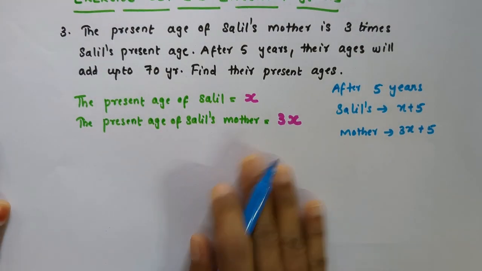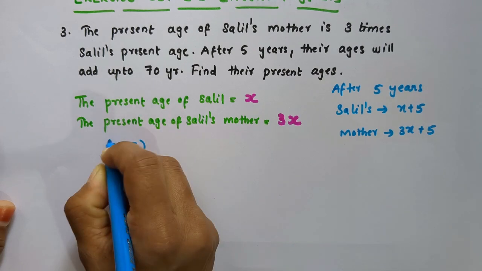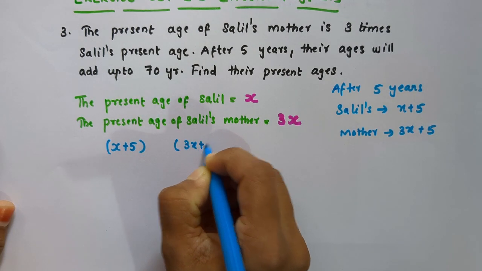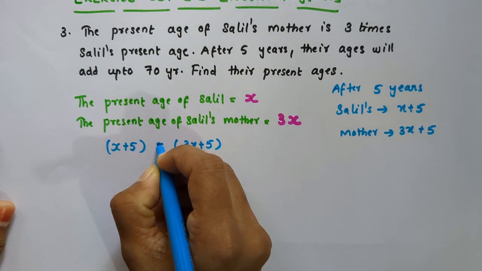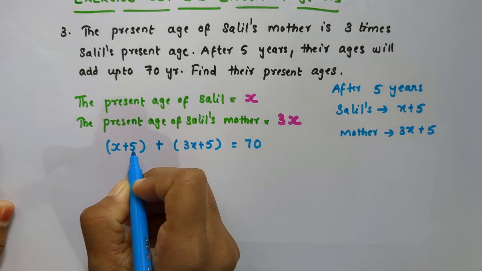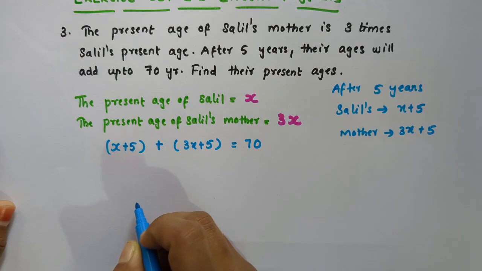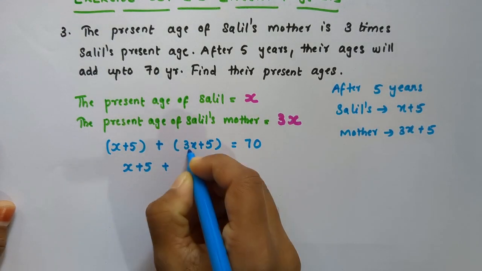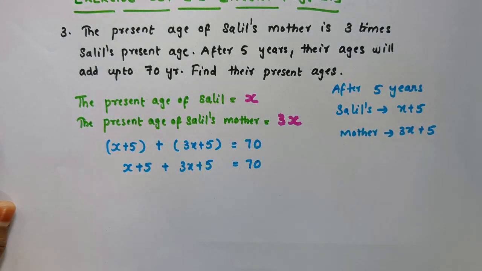So, Salil's age is x plus 5 and Salil's mother's age is 3x plus 5, and they will add up to 70 years. That is, x plus 5 plus 3x plus 5 is equal to 70.